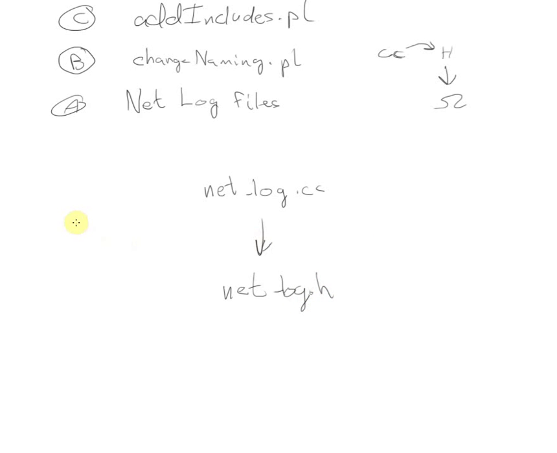Well, it turns out that there's a lot of unit tests, and if there were netlog unit test cc across the codebase, these unit test cc files sometimes had includes done in the same fashion, where the associated header was being included in the netlog unit test cc file.